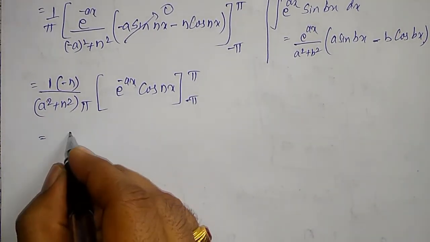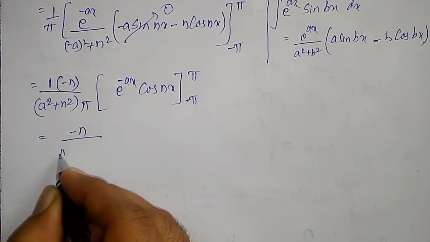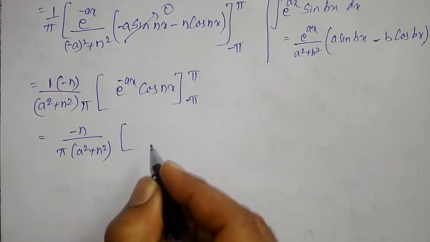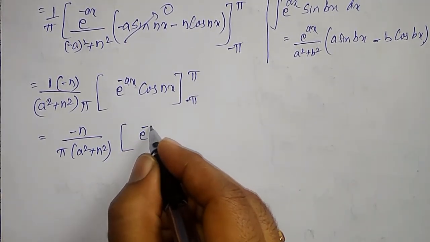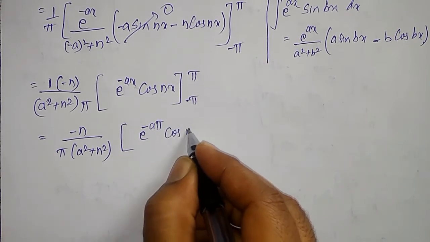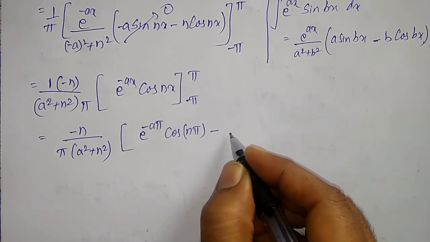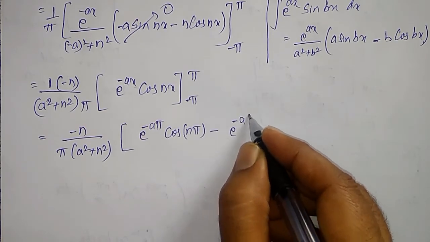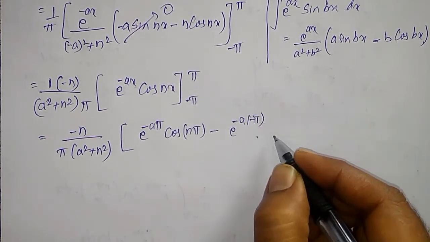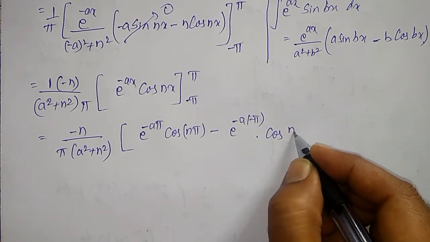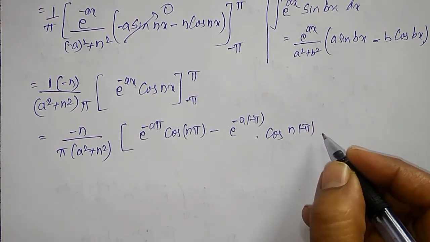What I am going to get is minus n divided by pi into a square plus n square, into upper limit e to the power minus a pi into cos n pi, minus e to the power minus a into minus pi into cos of n into minus pi.